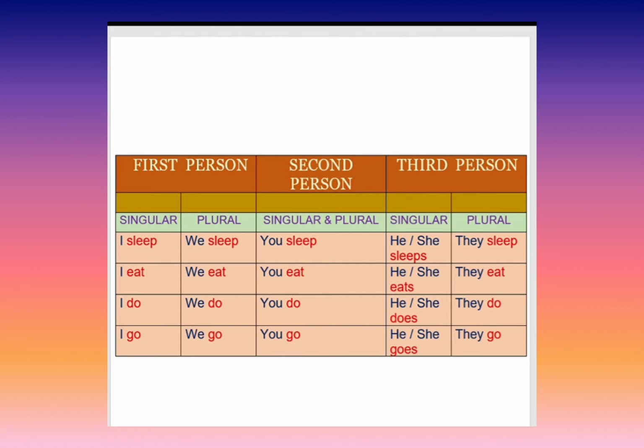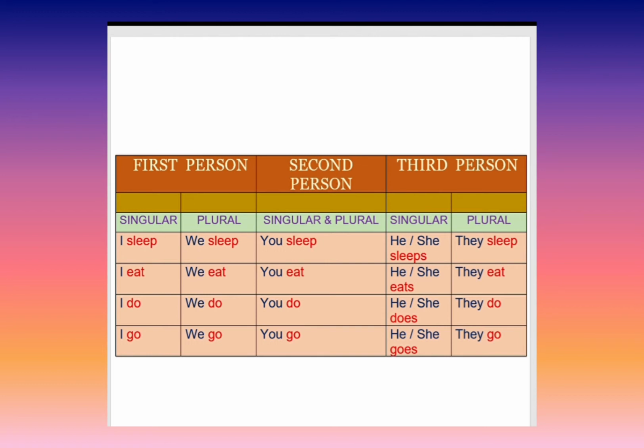I do, we do, you do, he does, she does, they do. Now in the fourth row, the verb used here is go. So I go, we go, you go, he goes, she goes, they go.